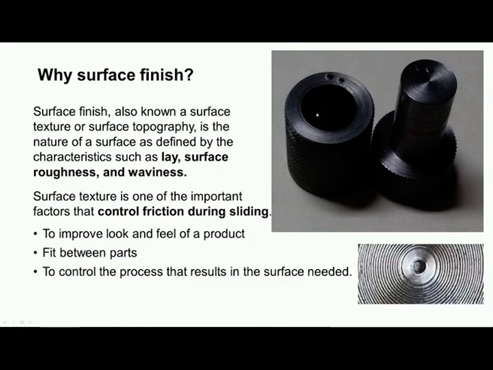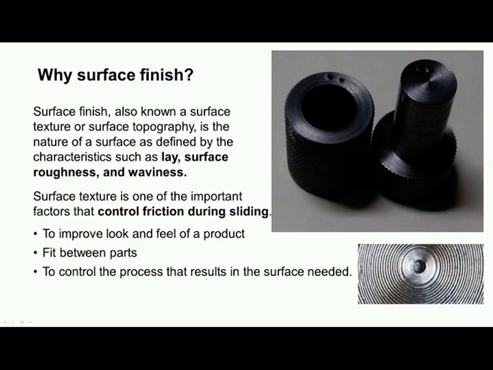Now we can see here we have two mating parts. We can see the finish on the face of this cylindrical part and the roughness on the round cylindrical portion. Also we can see the finish of this flat surface, and here intentionally they are made very rough to have a proper gripping.